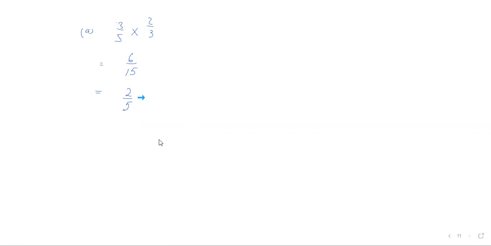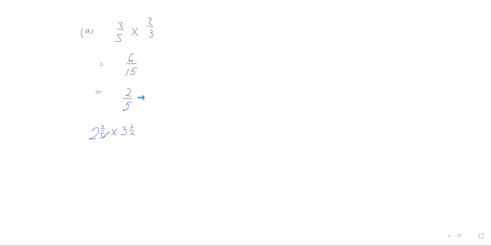Let's see what happens when you have a mixed fraction: 2/5 times 3 and 1/2.